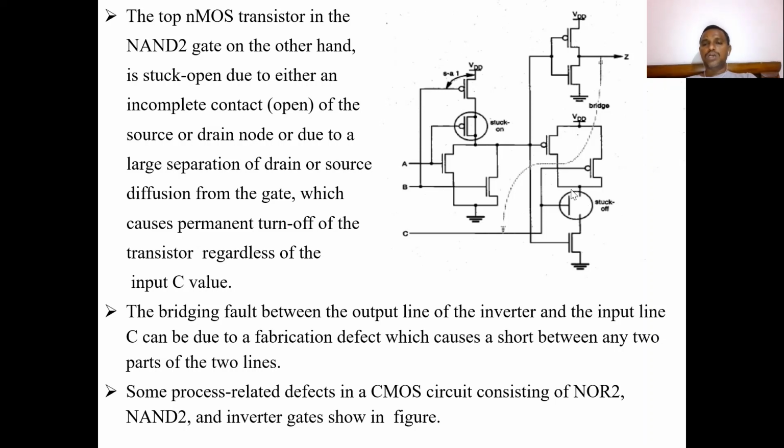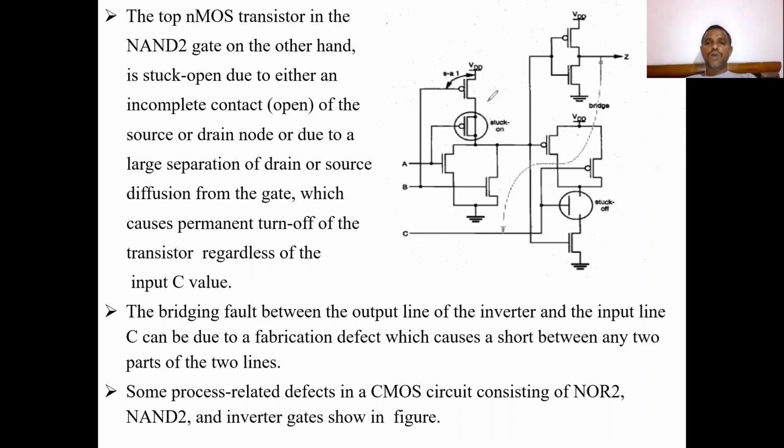That means at the time of fabrication, due to an oversight, an incomplete contact is placed at the source or drain node, or there is a large separation between the drain and source. Due to this also, we get stuck off, which causes a permanent turn off of the transistor regardless of the input value.